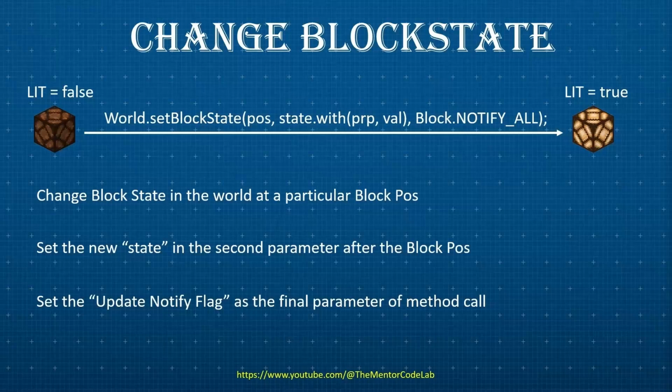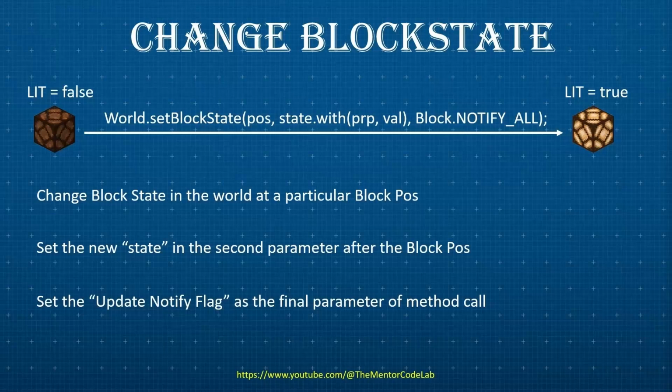Now the fun part is that world.setBlockState can also change the block type. So the second parameter is the state, and that is where we are changing things. We can change the state properties as we are showing here for the same block state. Or alternatively, we can create a new block state as a default state of a new block type.